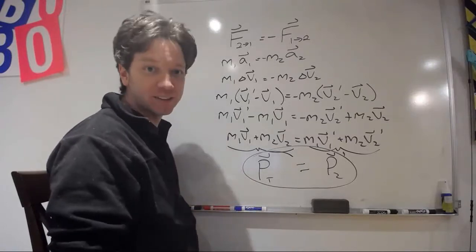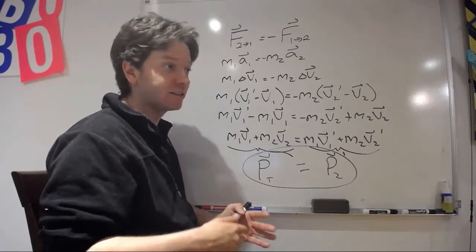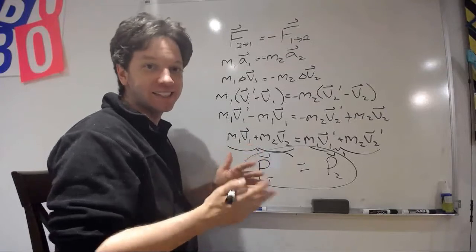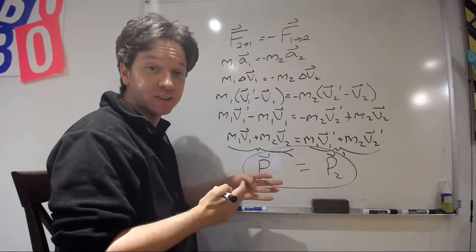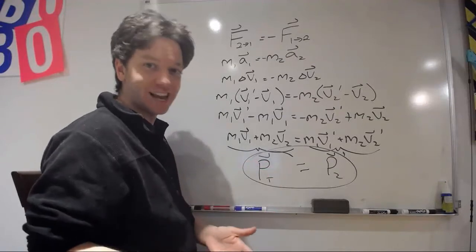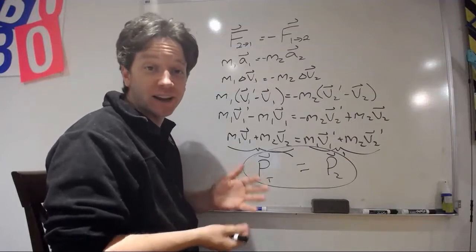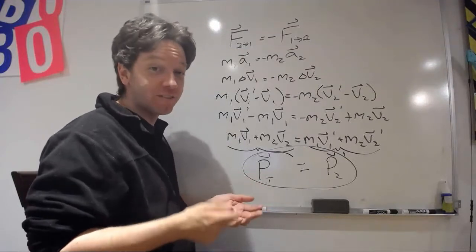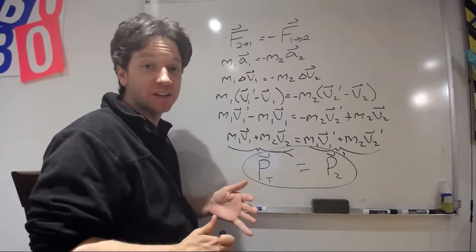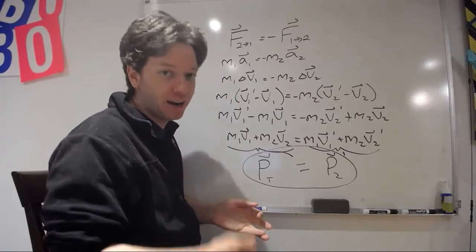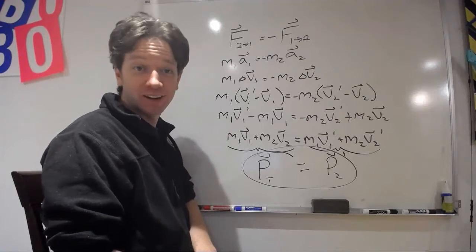Now, of course, after the collision, the cars will experience other forces. Say one car might be skidding off on the road, and that frictional force will bring it to a stop. But even in that case, as a car is skidding on the road, you have action and reaction forces. Remember, Newton's third law says every force comes in a pair. And because every force comes in a pair, if you analyze that pair, their momentums will always be equal before and after.